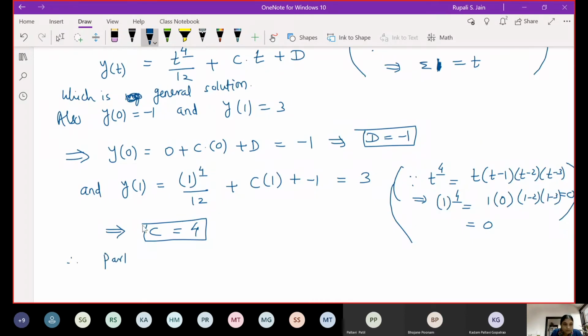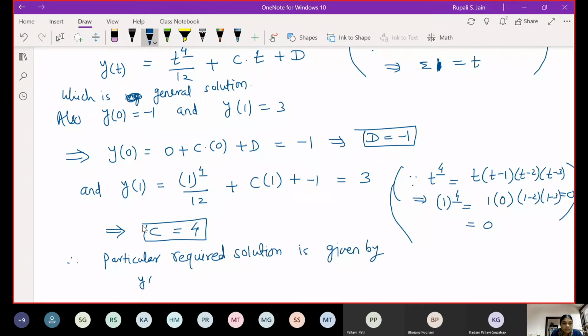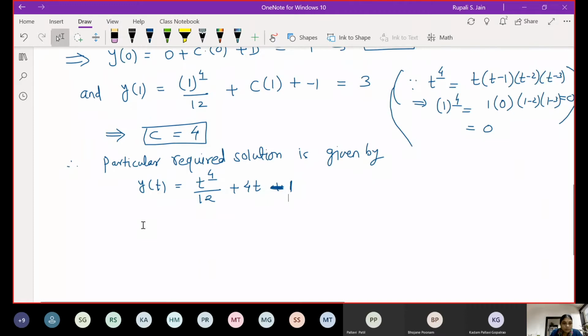So therefore, the particular solution required is given by, what is the solution then? Y of t is equal to t to the 4 falling divided by 12 plus 4t, not plus, minus 1. Is that okay?